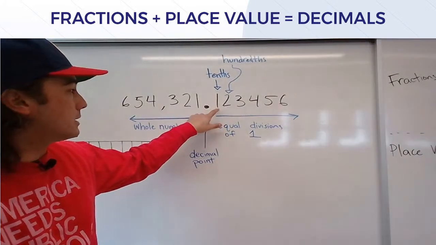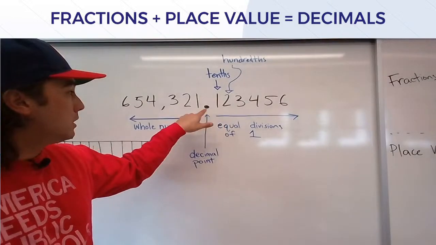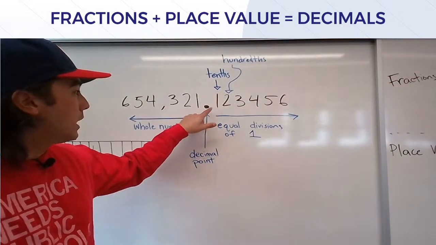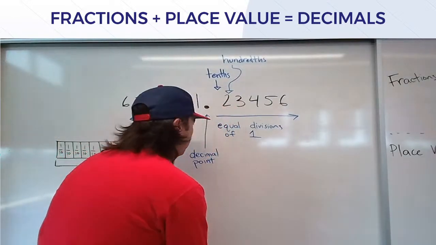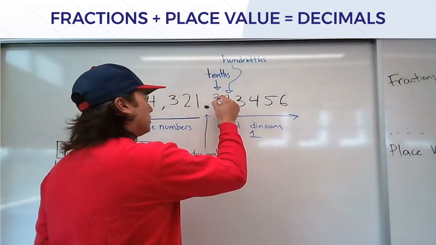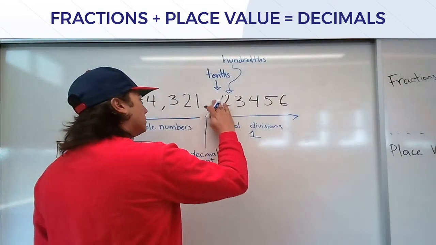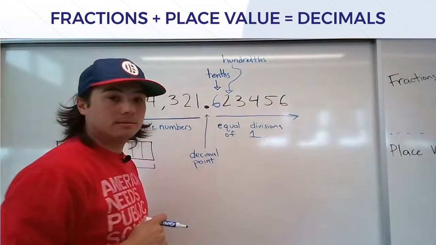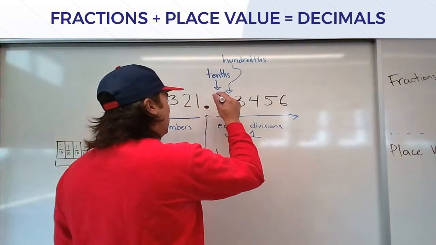This tells us that if we have 10 of them, it makes a whole 1. So if there was a 3 here, for instance, it would be 3 tenths. If there was a 6 here, it would be 6 tenths. If it were a 9, it would be 9 tenths.